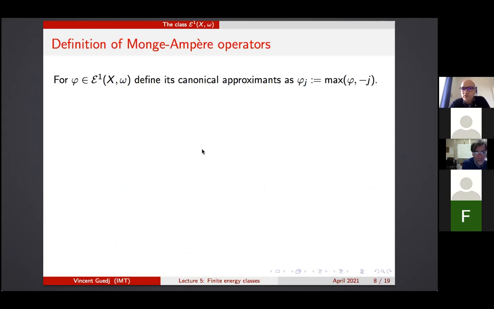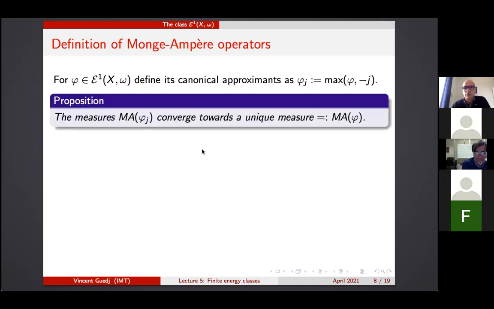Namely, you pick one such function, phi, and you simply cut out the function by taking the maximum with minus large negative constants. So look at phi_j, we call them canonical approximants. These are the max of phi and minus j.